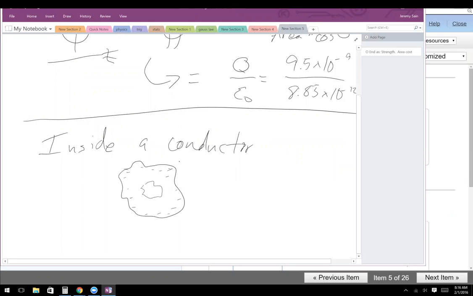The only way you would actually get anything on the inside surface, which you can show with Gauss's law, is if you had some sort of charge, either positive or negative, in the middle. But if it's just sitting out there on its own in the real world, everything's always on the most outside surface possible. So charge on surface.